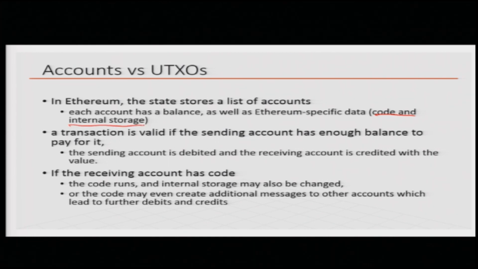So, various kinds of other information, the program state basically, because when you execute the program, you may change some state variables of the program. So, there will be those as well. Now, a transaction is valid if the sending account has enough balance to pay for it. So, what it will check is whether the balance of the account is enough. It does not care which transaction that money came through.